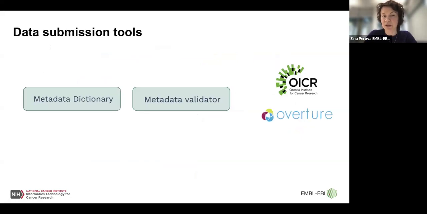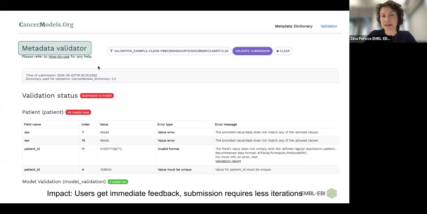So the metadata dictionary explains what kind of information we collect about the models, and the metadata validator allows us to check the validity of submissions. The metadata validator allows you to upload the Excel spreadsheet with filled metadata about the model and checks it against the metadata dictionary to show whether a submission is valid or not.